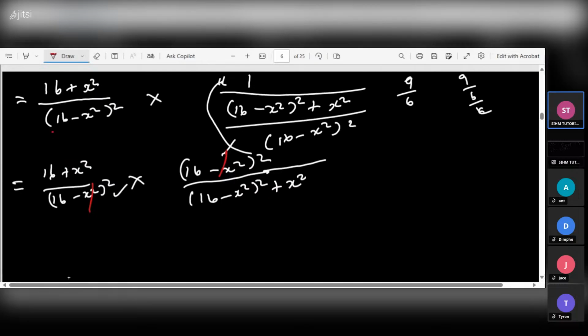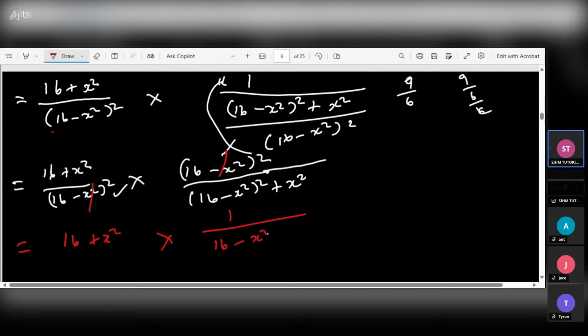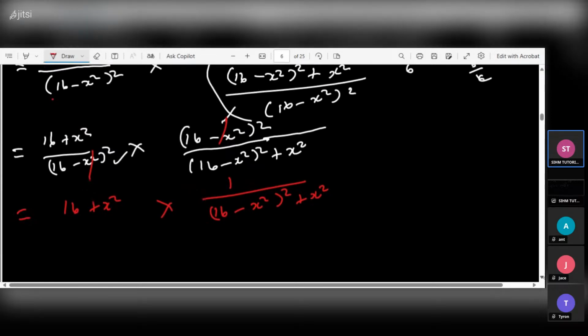So now you are left with (16 plus x squared), and then times 1 divided by (16 minus x squared), and then all squared plus x squared. And that manner.